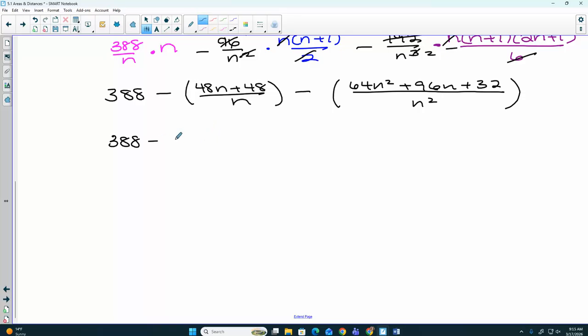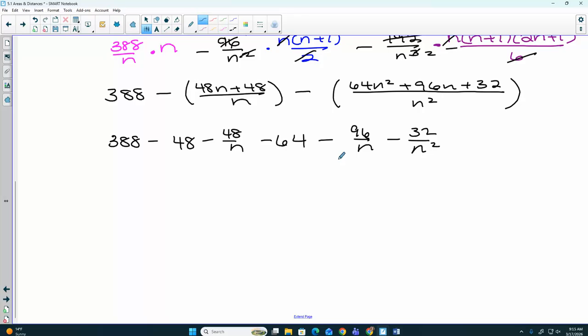I get 388 minus 48 is 48 over n. Here, distribute the negative, divide by n squared. So minus 64 minus 96 over n minus 32 over n squared. So that's what all the work was, to get this simplified version.